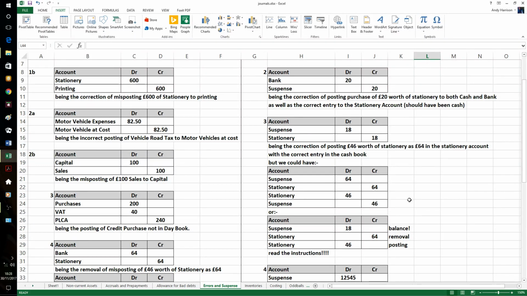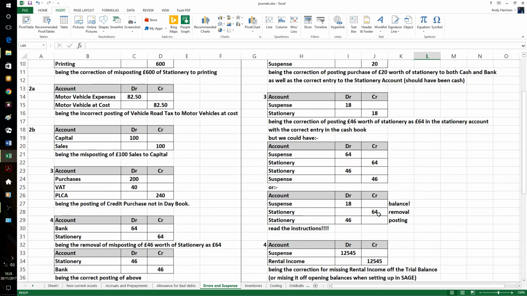Don't need to worry about trying to change the cash book. We could take it out, put it back in again if we really wanted to. That'll just confuse everybody. So simplest way, we could actually just credit the stationery, reduce it down to 46, therefore £18 in the suspense account. Or we could remove it and post correctly.